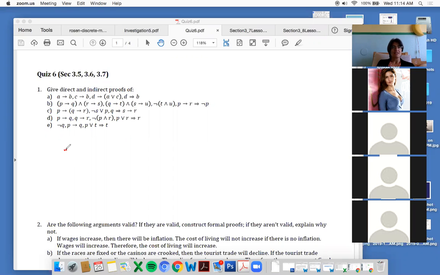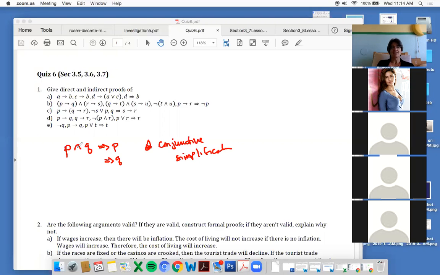Right, just for general statements, if you have P and Q, this is going to imply P, and this is going to imply Q. This is conjunctive simplification.